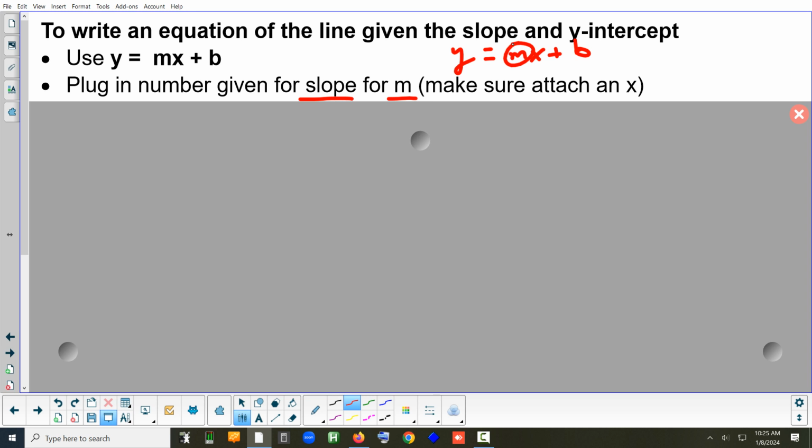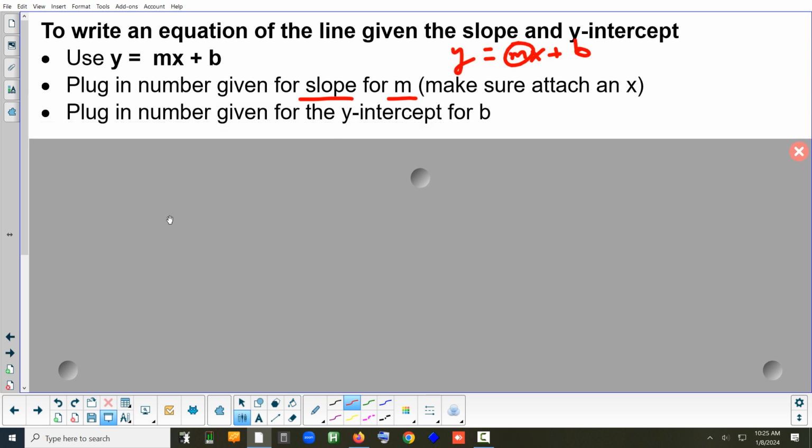So plug in the number for the y-intercept for b. Those two things I underlined in red, that's what you want to fill in on your guided notes.